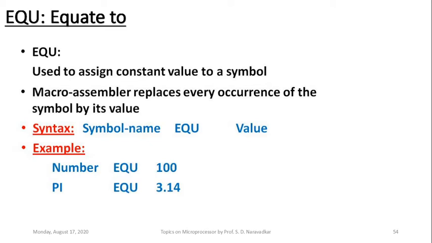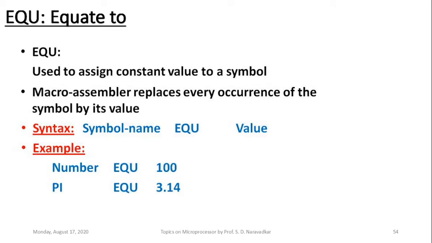Number is the symbol name, equate 100. So once the assembler directive equate has been defined here and it assigns the value 100 to that symbol, thereafter in the assembly language program, wherever that number symbol comes, it will be automatically replaced by 100. Similarly, second example here, pi equate 3.14.